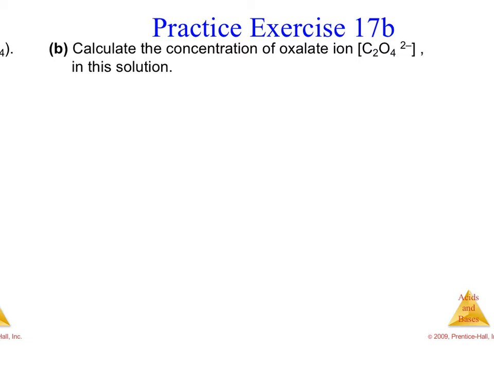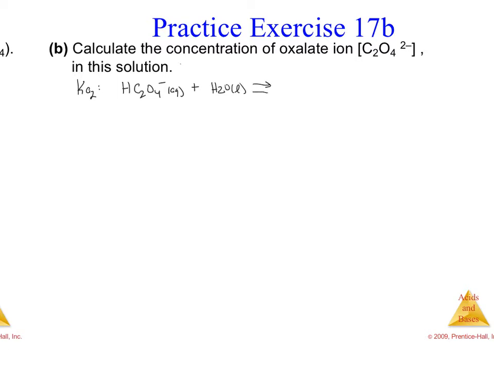So here I'm going to start by writing my Ka2 reaction, because I know I'm going to be forming my C2O4 2 minus ion. I have to start with my HC2O4 minus, aqueous, react with H2O liquid.